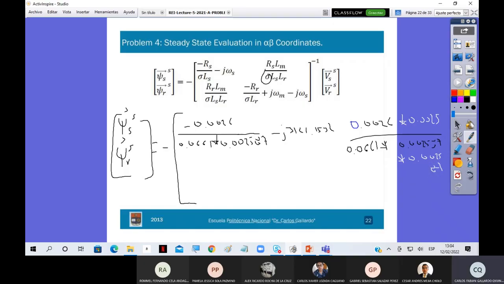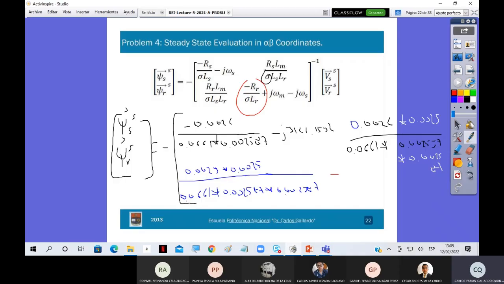The other term I will have is 0.0029 times 0.0025 over the leakage coefficient 0.0661, times 0.002987, times 0.002587. And the last term is equal to the negative.